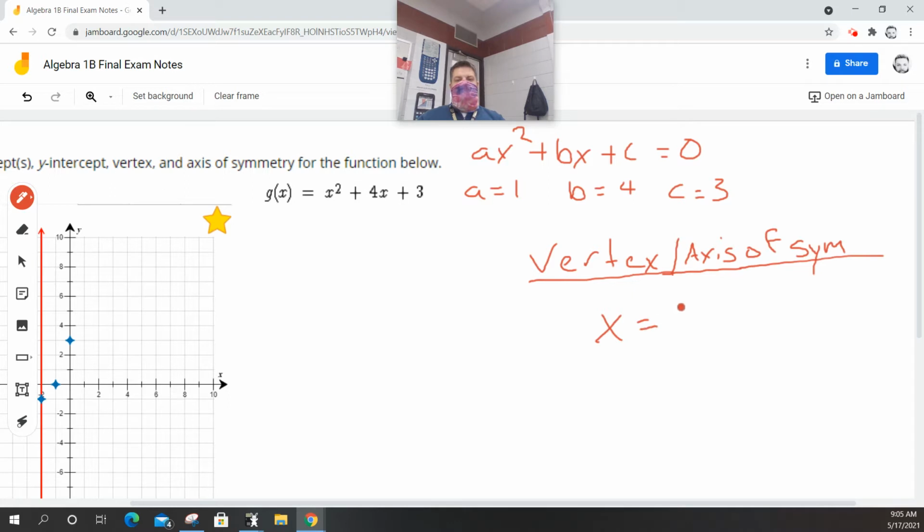x equals, I think if I remember right, it's negative 2b over a. I got to remember. Hold on, let me think for a sec.